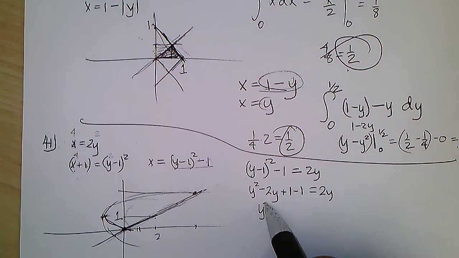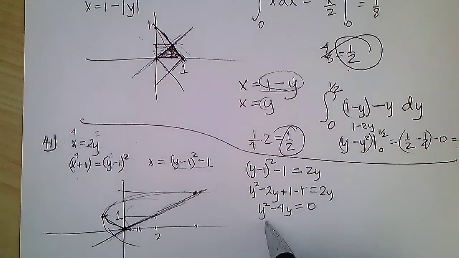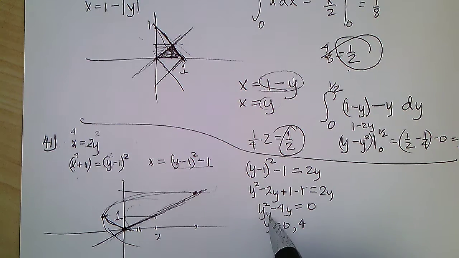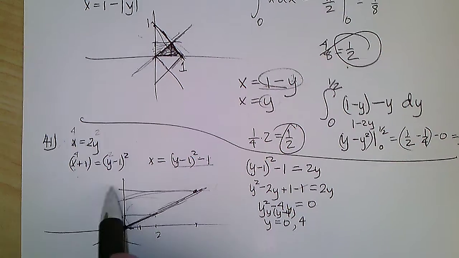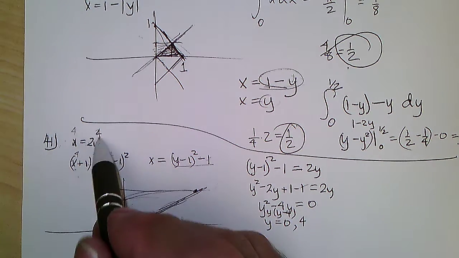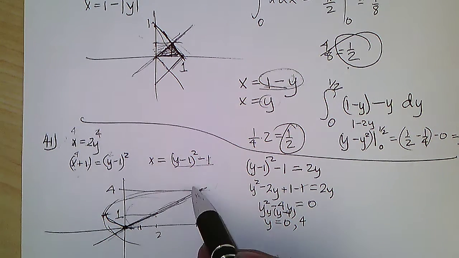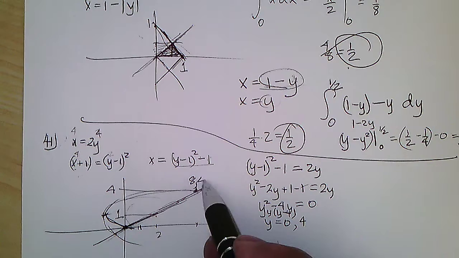So we'd have y squared, subtract the 2y over, so that'd be minus 4y, and these cancel. So y equals 0 or 4, because this factors to y times y minus 4. So 4 in the y, so that's going to be out there pretty far. 8 in the x. 8, 4.